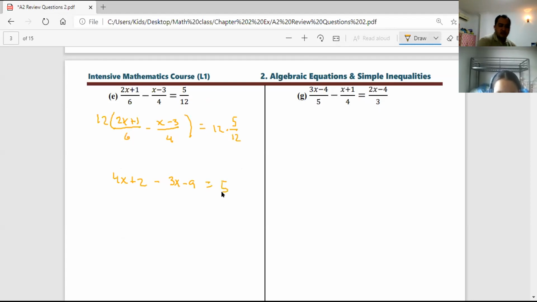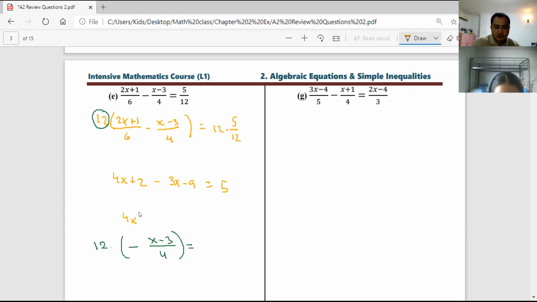Okay. So Shahina, in this kind of question, when we have minus, you should be careful. What you are doing here is multiplying this 12 by this fraction. Actually, what we have is 12 times minus x minus 3 over 4. So what is this minus? It is negative 1.